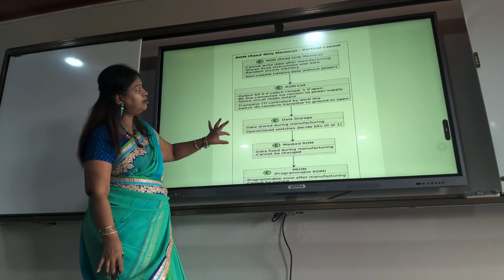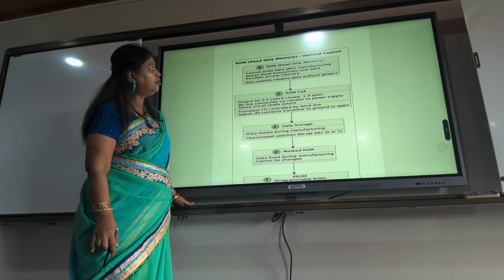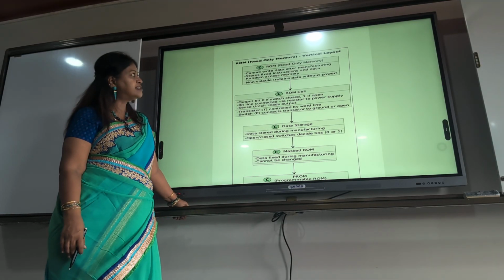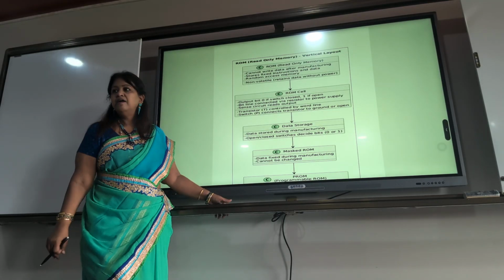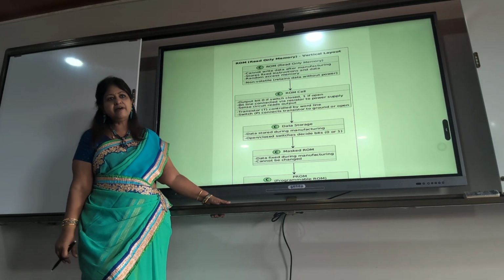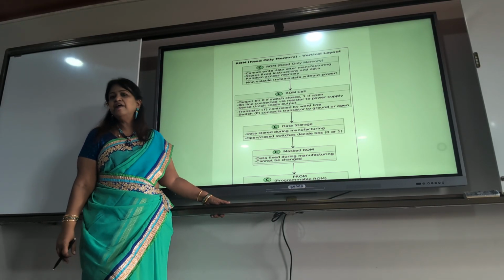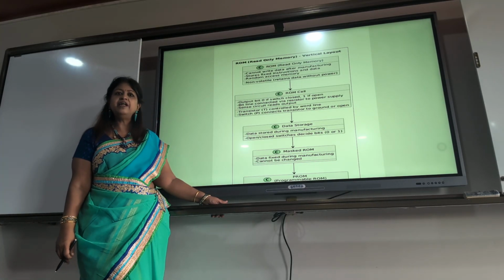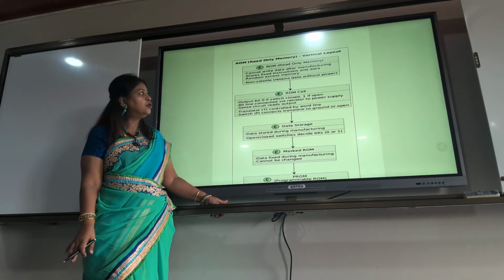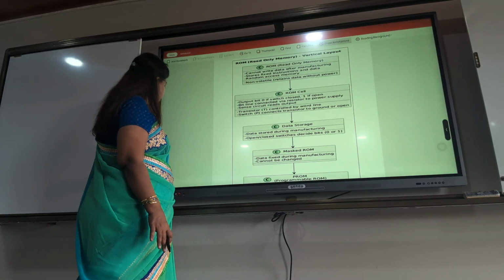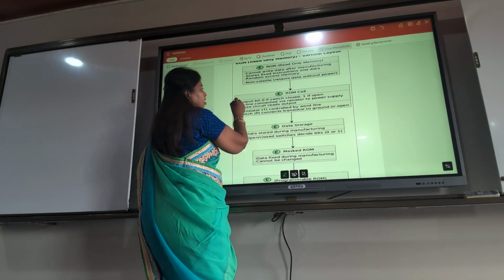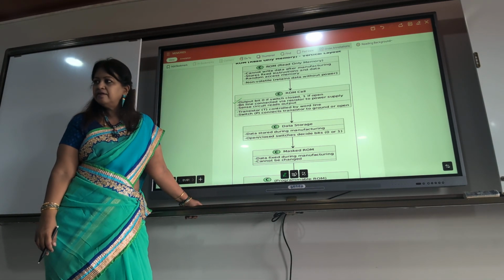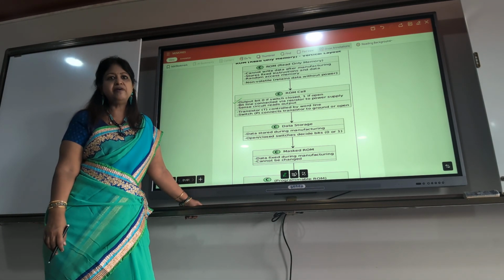About read-only memories: you cannot write data after manufacturing. They store fixed instructions and data, and they are also called random access memory. You can access the data from different locations. Non-volatile means what? You retain the data even after the power goes off. For a ROM cell, the output bit is 0 if the switch is closed, and 1 when it is open. How does it work?